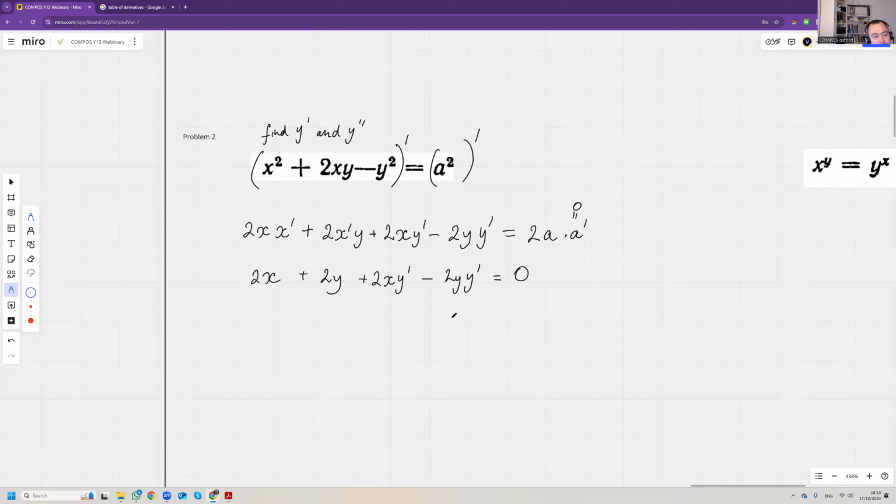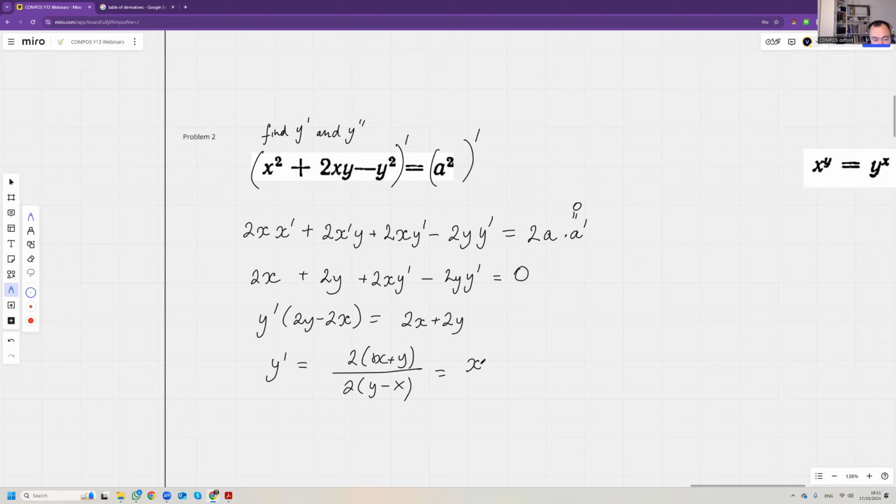Now we take y prime to one side, so it's going to be 2y minus 2x equals 2x plus 2y. Y prime is 2x plus y, 2y minus x.